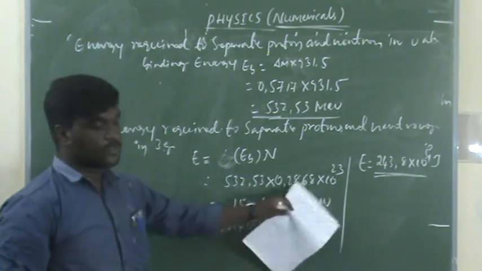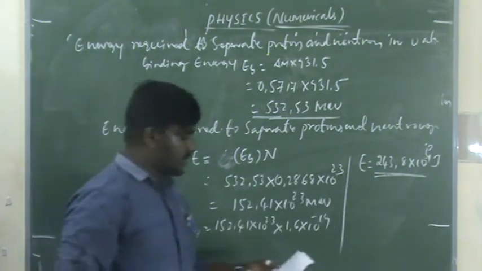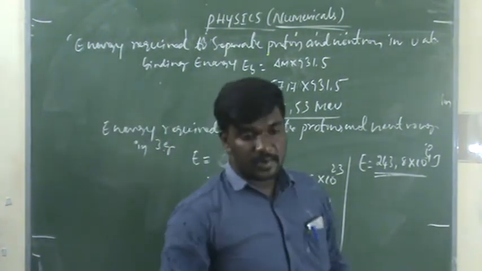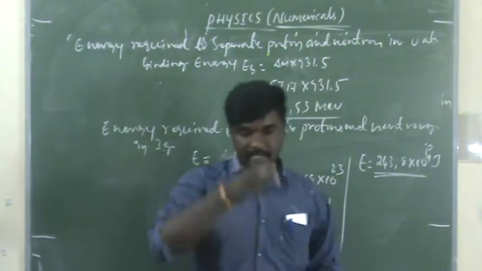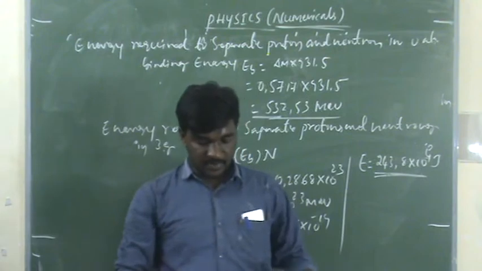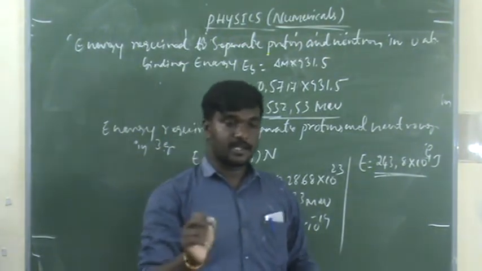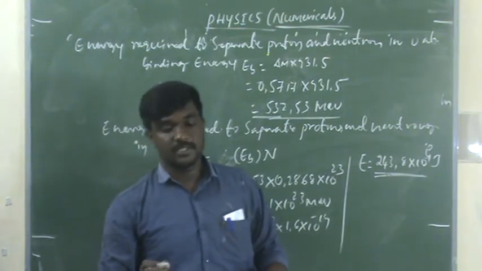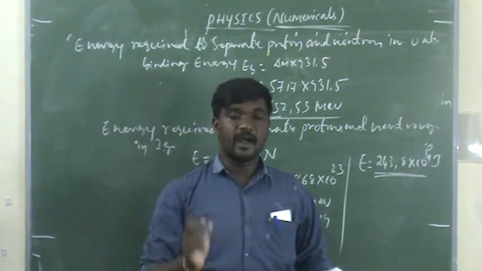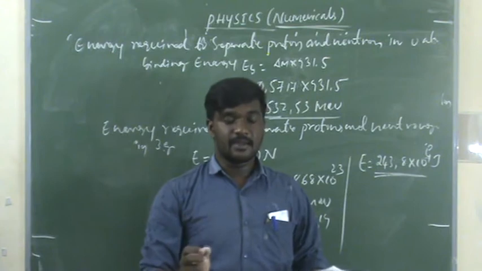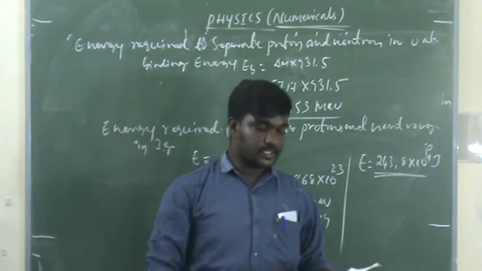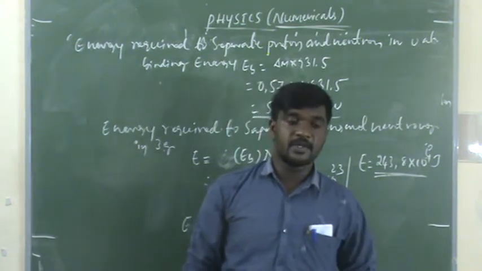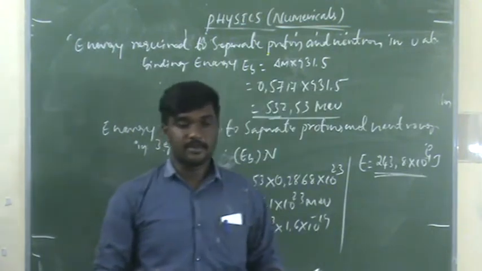We got this question. So first, calculate the nuclear energy. To find the nuclear energy, first the weight was given as 63 grams. According to the Avogadro hypothesis, we calculate the number of atoms present in 3 grams of copper, that is 0.2868 into 10 to the power of 23 atoms.